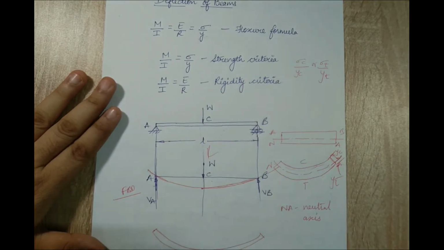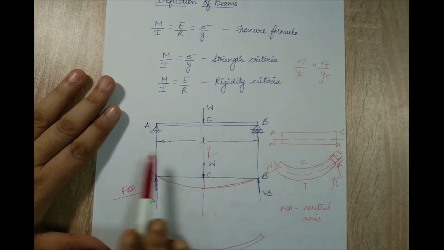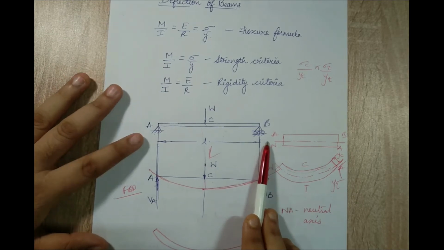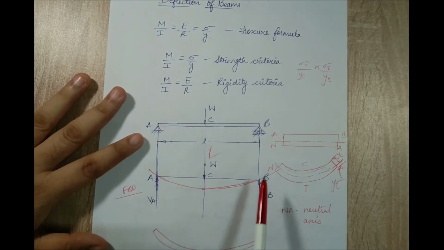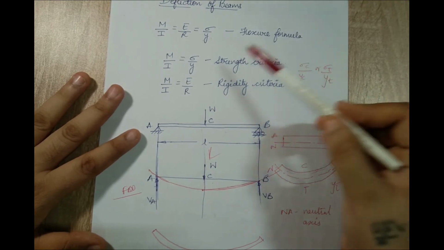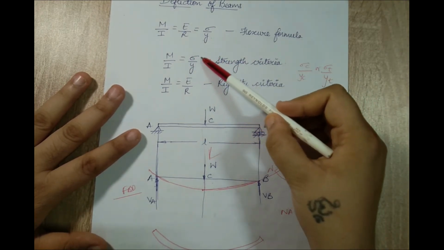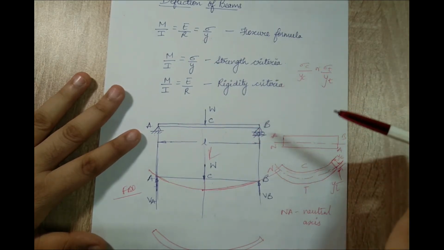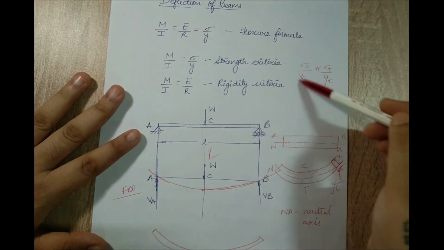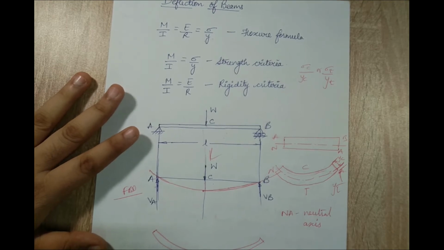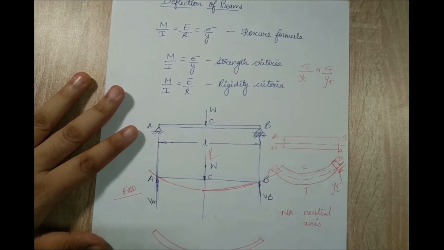When an engineer is supposed to design a beam which is subjected to some amount of load and some loading conditions, supports over here, at that stage he has to design the beam not only for the strength criteria, which means not only for the stress that will be subjected to the beam, he or she also has to calculate the dimensions for the rigidity criteria, which means there will be a particular amount of stiffness in the beam for the amount of deflection to happen.